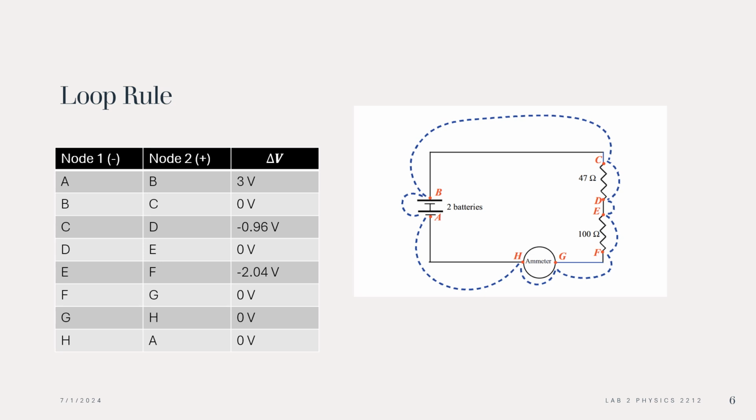D to E is just a short wire, so we're not losing anything. E to F, we move through the bigger resistor, which has more resistance, so we lose more delta V. At that point we're out of voltage, so everywhere else has 0 delta V until we move across that battery again and gain 3 volts of potential.